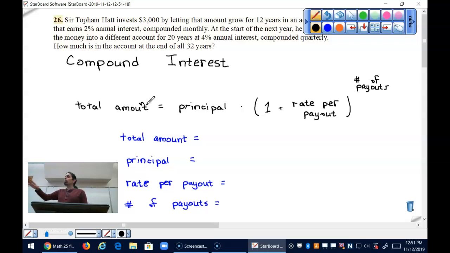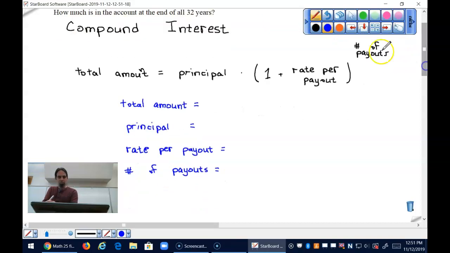Okay, do you want me to fill this in real quick? Anyone not trust their own notes enough? Yeah, okay, we'll try and speedily fill it in.